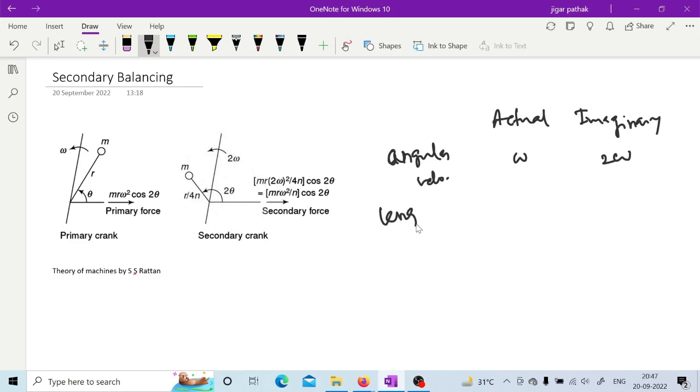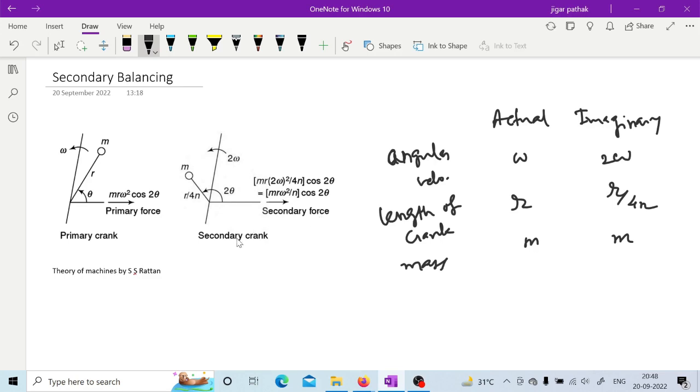Similarly, the length of crank will be r for actual, and for this secondary or imaginary it will be r by 4n, and mass will be the same for both cases. So this M R omega square cos 2 theta can be written as M R into 2 omega square by 4n into cos 2 theta.